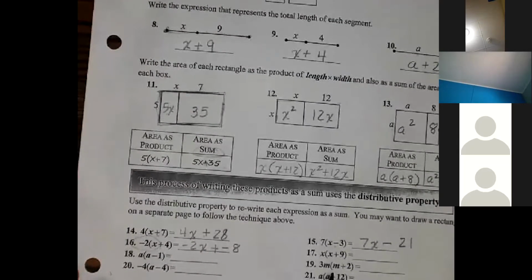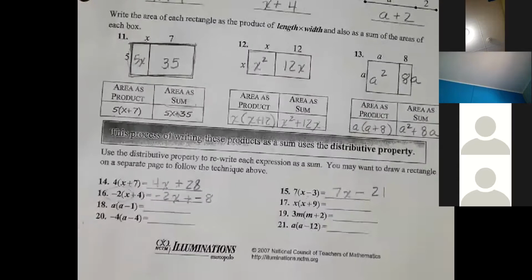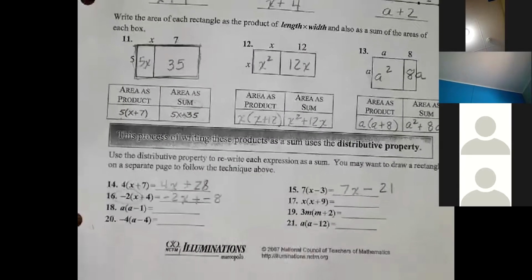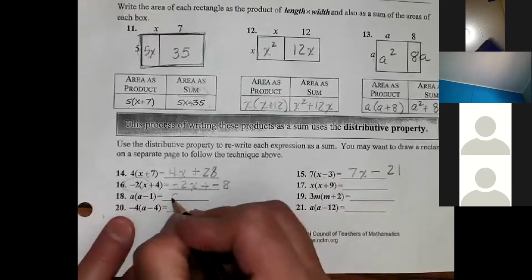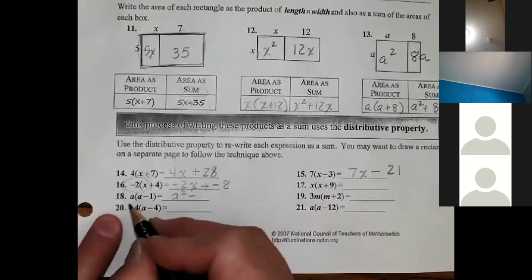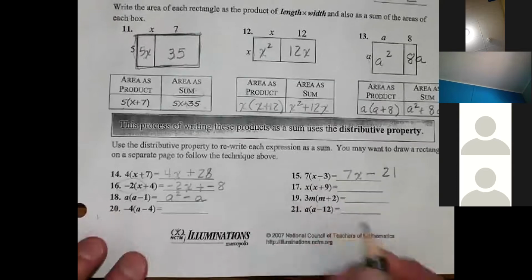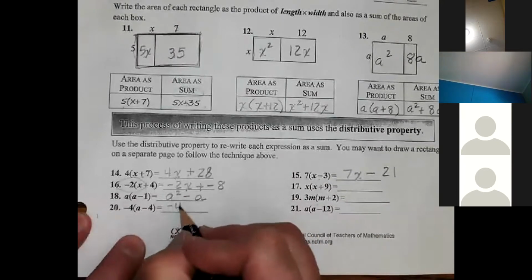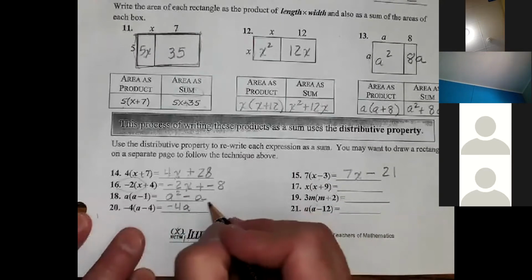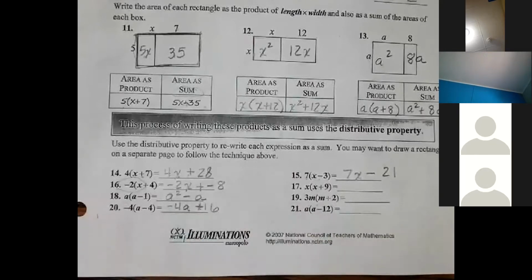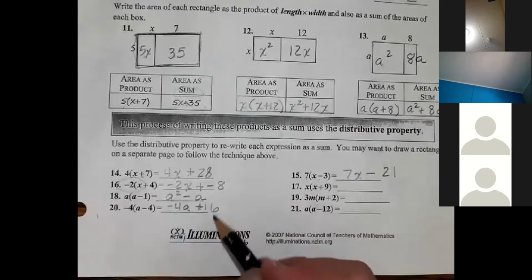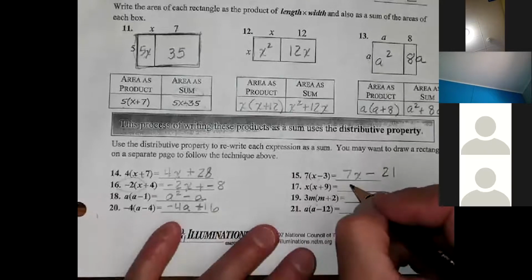Oh yeah, 19. Okay, so 19 is different than the other ones. Let me go ahead and fill these in quickly so people can check their own answers. Joe, I would appreciate it if you would look and see if I'm getting the same answers that you did.